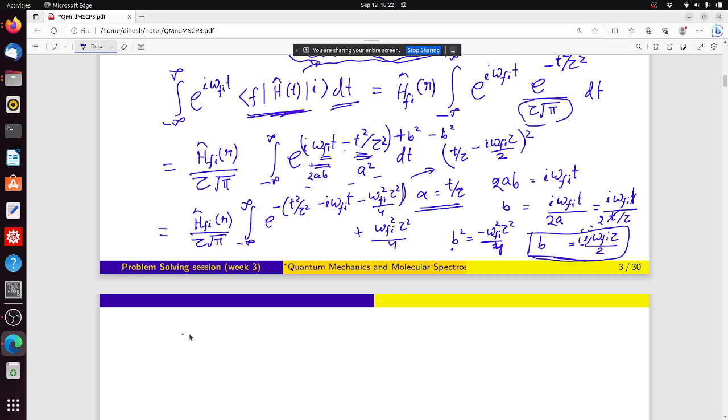So it will be t over tau minus i omega phi tau over 2 whole square. So my integration will be H of phi r tau root pi into plus infinity.